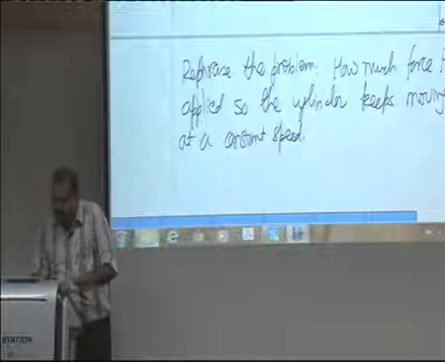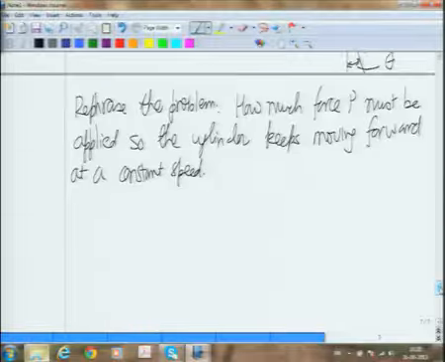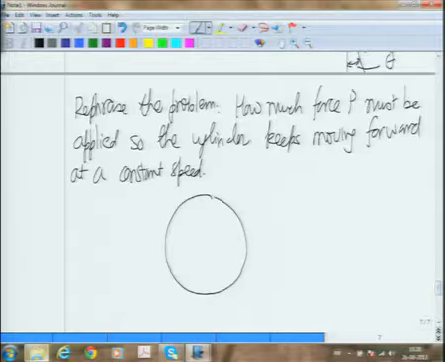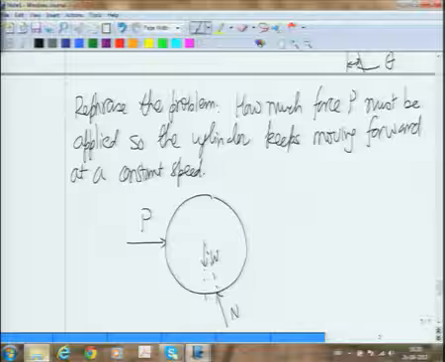So now if we phrase the problem like this, we ask how much force P should be applied at the center of the cylinder. We have the weight W, this is the normal reaction, and this angle is theta.